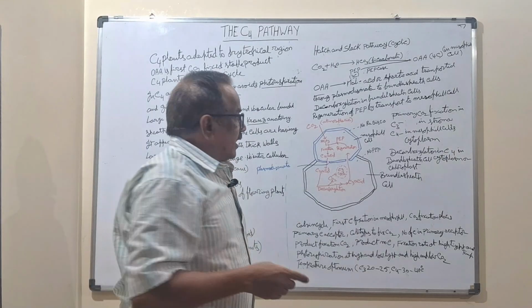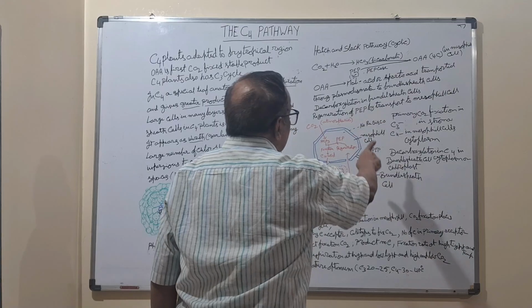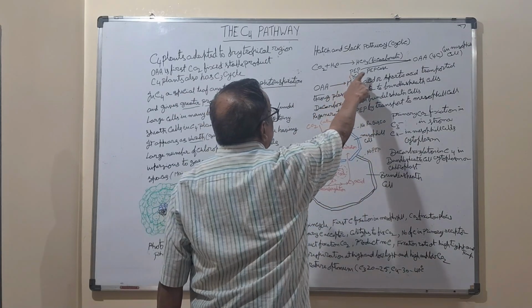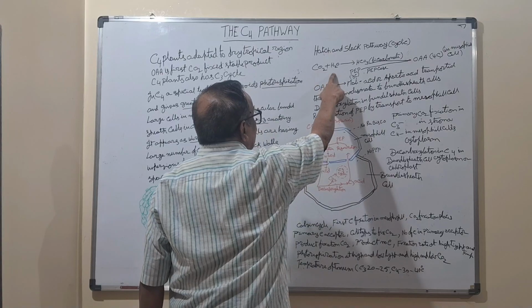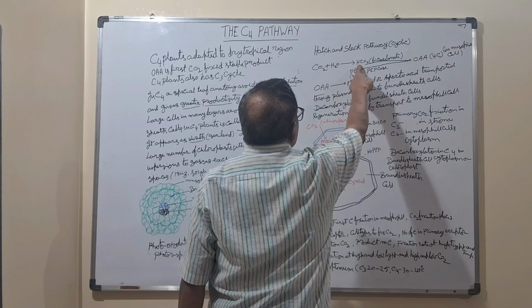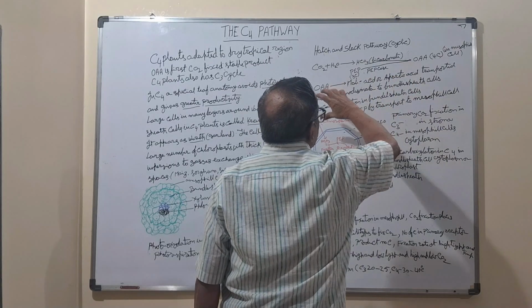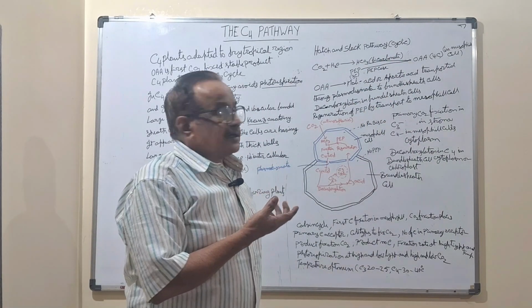So this bicarbonate, and next, phosphoenolpyruvate, PEP carboxylase, and carbon dioxide with water will form the bicarbonate HCO3, and both will unite because of the PEP carboxylase.